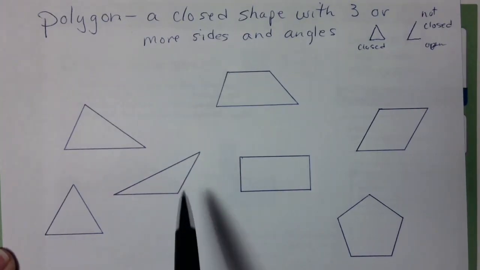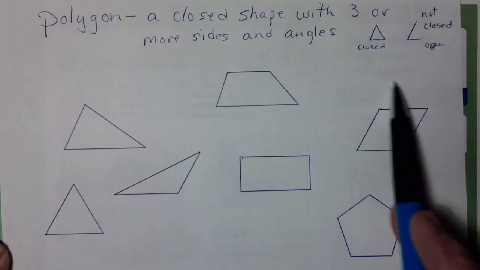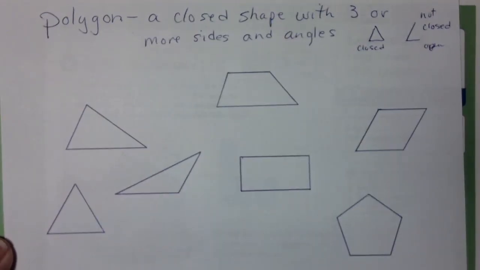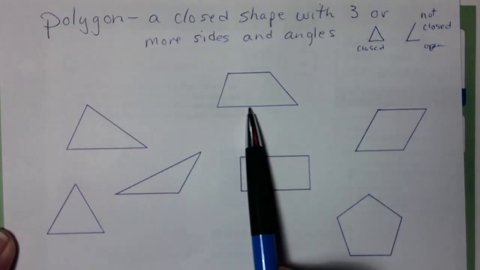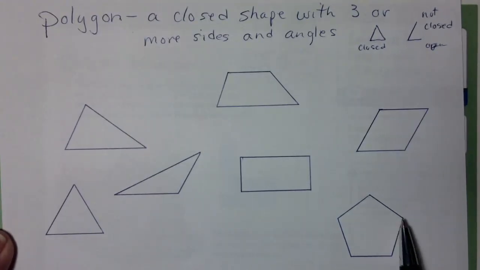Now, these have a specific name. They're called triangles. These 4 can be put into a subgroup called quadrilaterals, and then there's some specific names for each quadrilateral. Trapezoid, rhombus, rectangle, 1, 2, 3, 4, 5, pentagon.